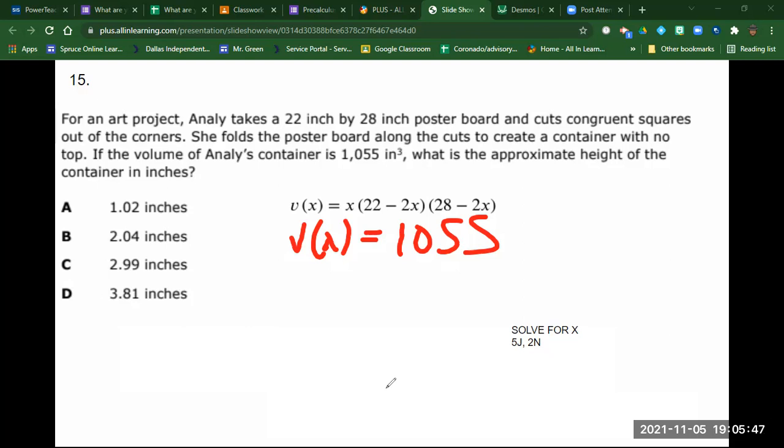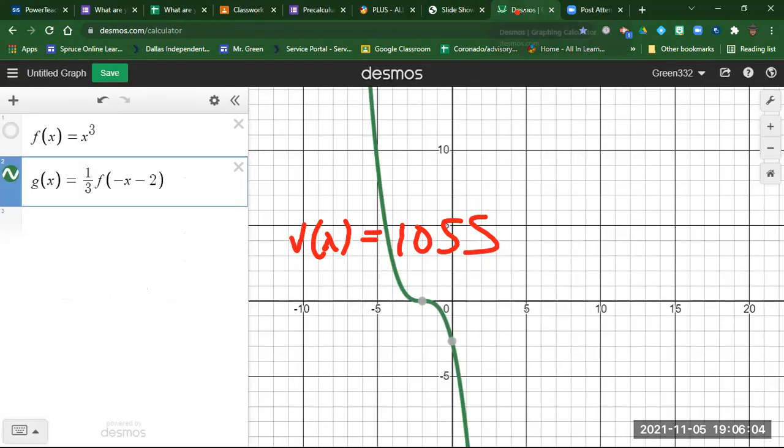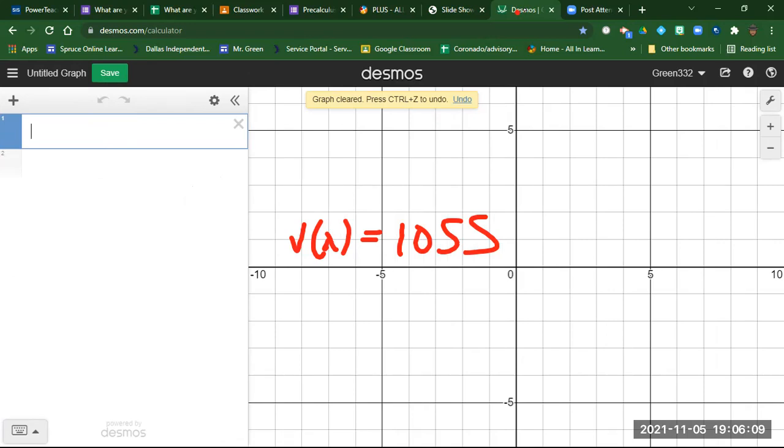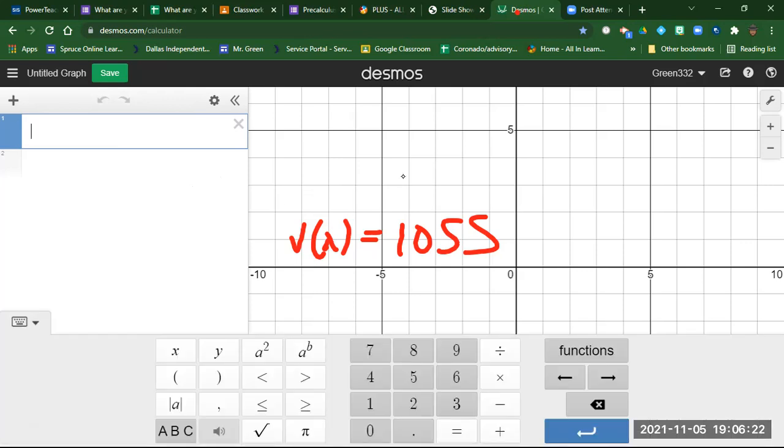All right. So I'm going to go to Desmos. All right, let's put in V of x. I need some room too.